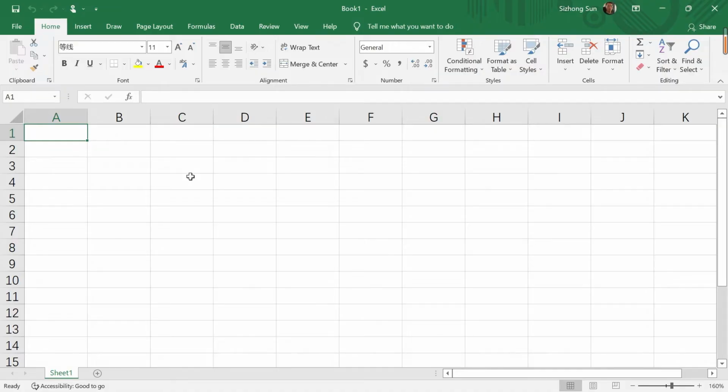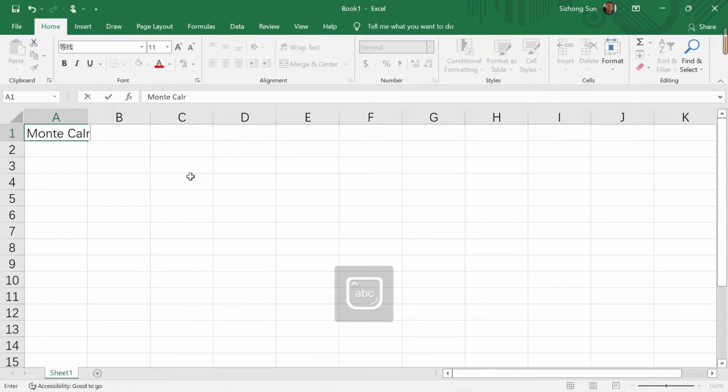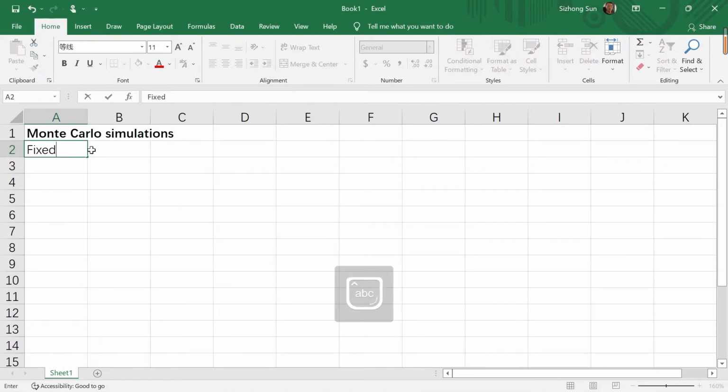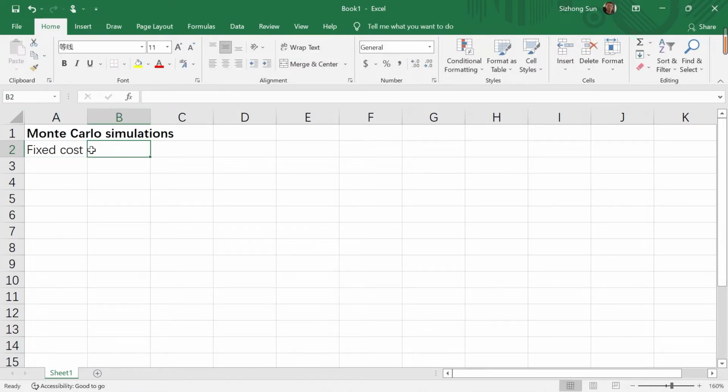Okay, let's continue with the example that we had previously, and let's handle risk by Monte Carlo simulations. So we know that the project has a fixed cost, which is $500.